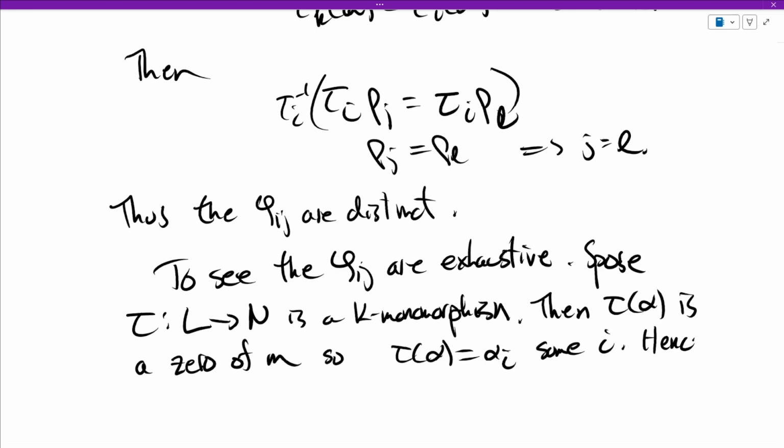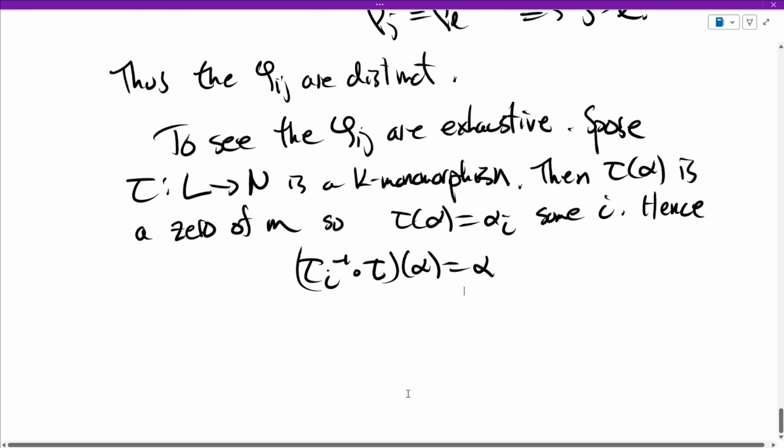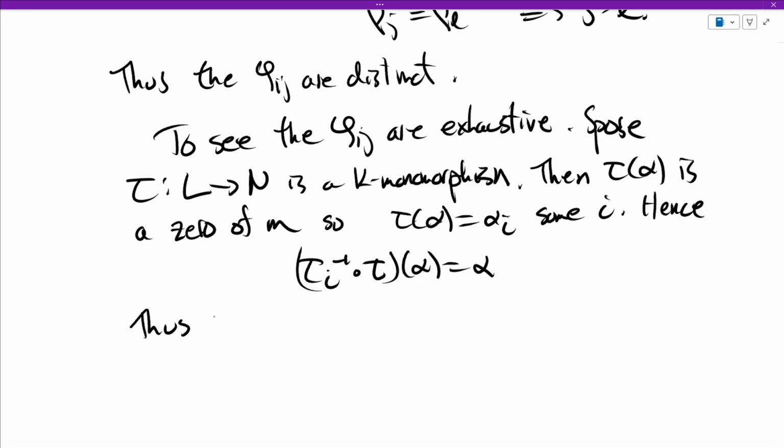Hence, tau I inverse composed tau of alpha is just alpha, because tau sends alpha to alpha I, and tau I inverse sends it back to alpha. Thus, tau I inverse composed tau is a K adjoin alpha monomorphism, because it's certainly still a monomorphism from L into N, and it fixes alpha.